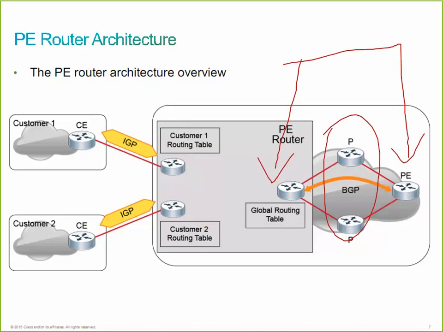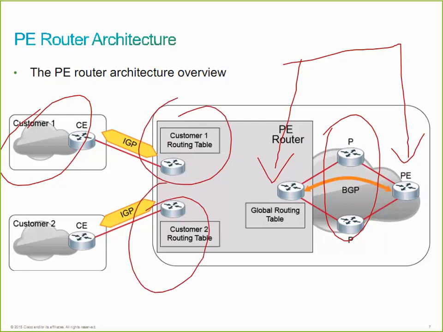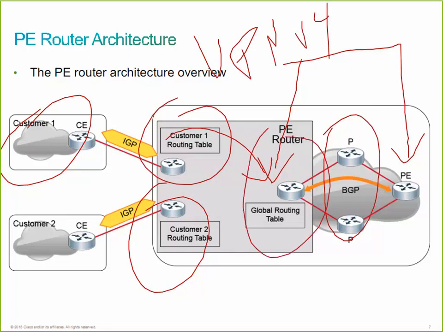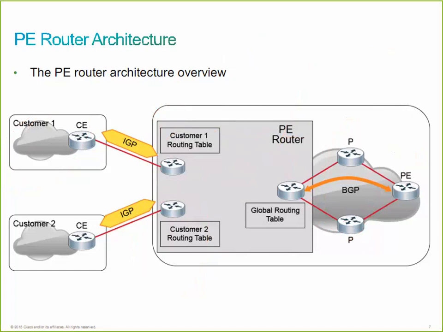The P routers are used simply for transport. So these customer routes go into the VRFs as regular routes. They get sent into BGP as VPN v4 addresses, because we're adding the route distinguisher, but that is unique to MPBGP. The P routers are not aware that those routes exist.